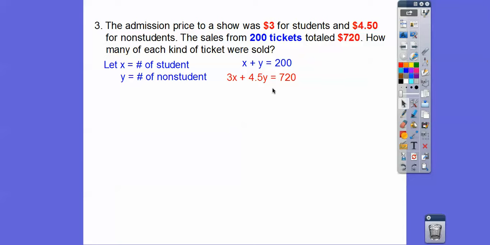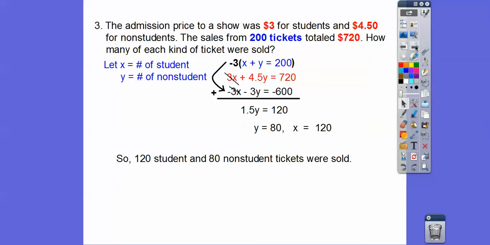I'm going to solve these by the elimination method. I'll multiply this top equation times negative 3, and we get negative 3x minus 3y equals negative 600. Then we can add the two equations, and we get 1.5y equals 120, and then it's all downhill from there. So we get 120 students that went and 80 non-students.